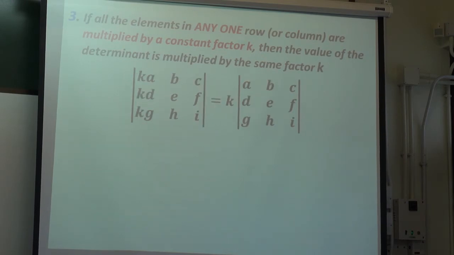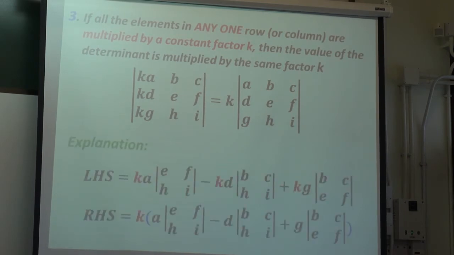Okay, of course, along the column, we can do the same thing, because we can expand along the column that involves the factor k. Okay, and that will not affect the value after taking the k's out. Clear?